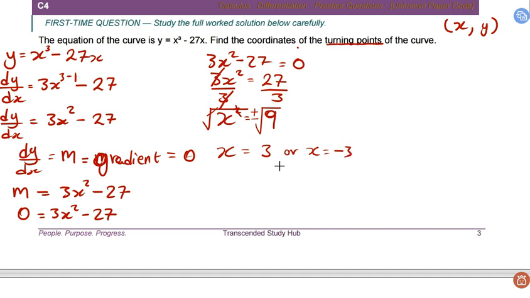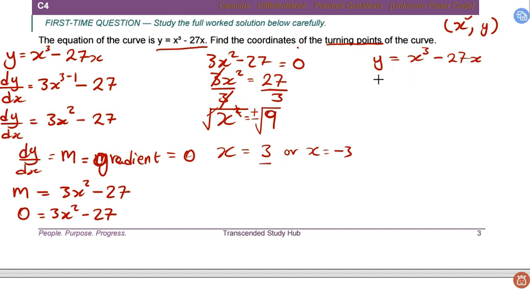Now we have found the value of x, but we need to find the value of y. How do you find the value of y? You get the original equation from the question. So y will be equal to x to the power 3 minus 27x. We start with the positive 3.